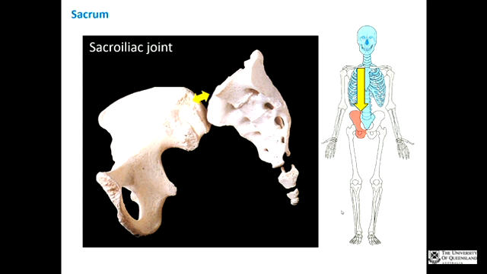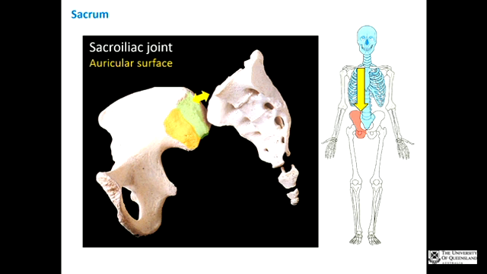Sacroiliac joint. Important joint, the point of articulation between the axial skeleton and the appendicular skeleton in the pelvic region. We have a smoothish and a rough surface of the pelvis, and a similar arrangement on the sacrum, and they are coloured for convenience.